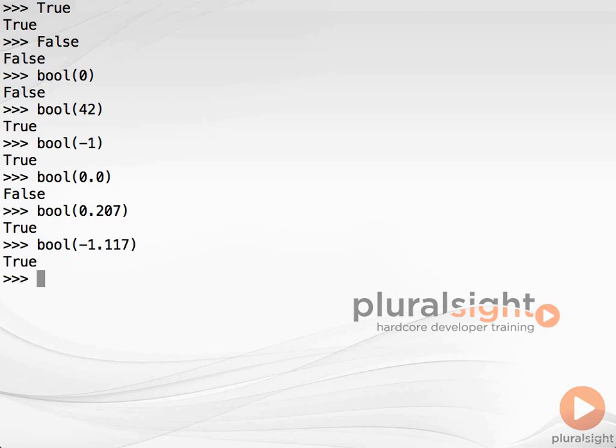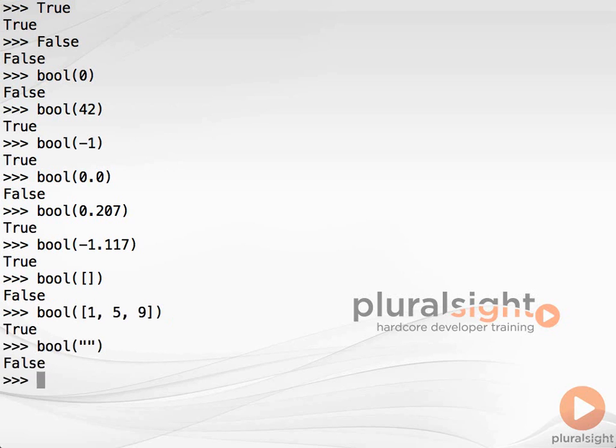When converting from collections, such as strings or lists, only empty collections are treated as falsy. Converting from lists, which we'll look at shortly, and strings.